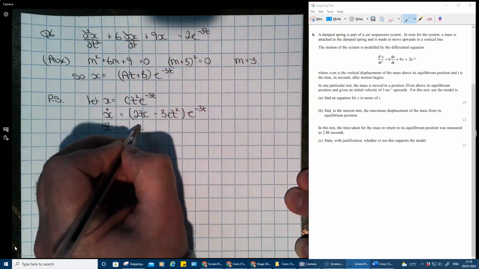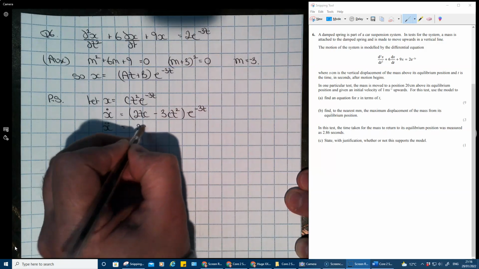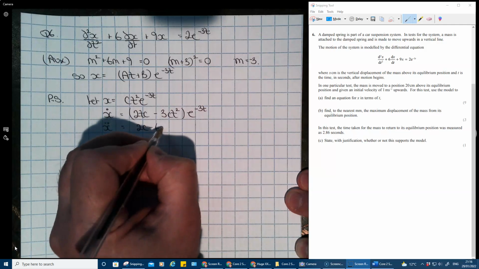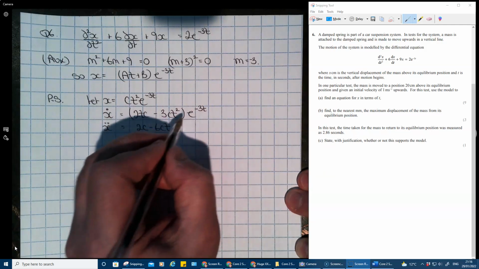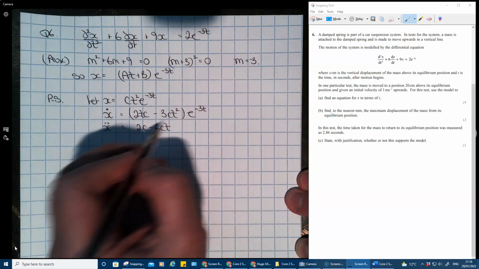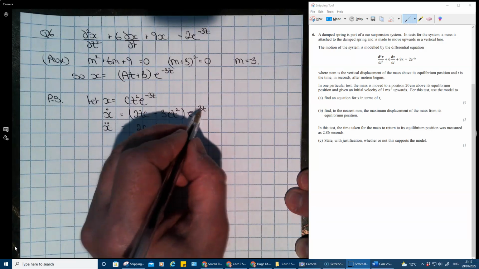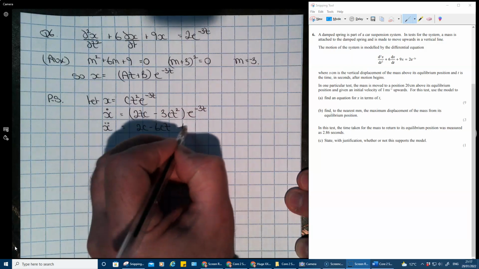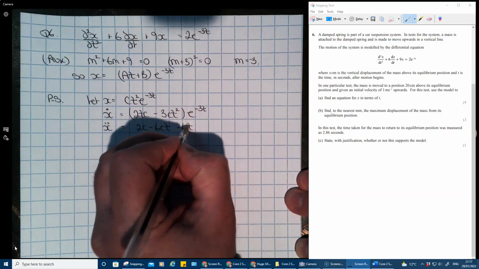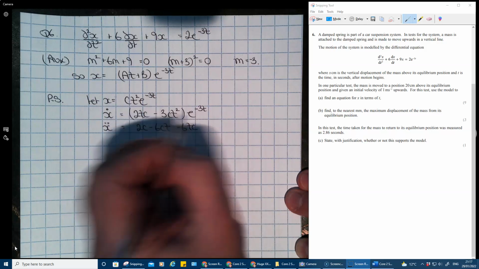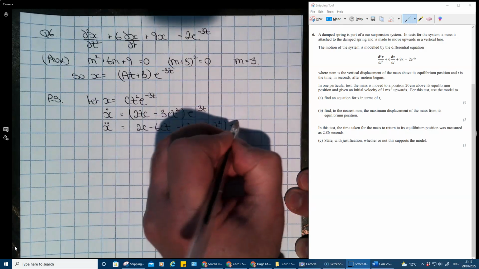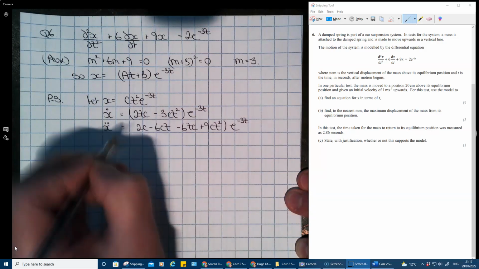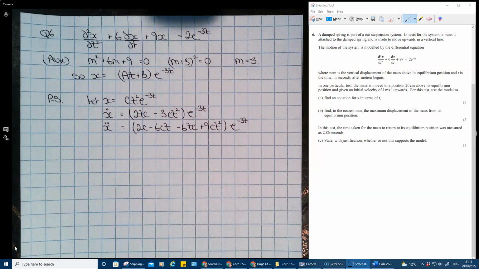So it's 2c minus 6ct, and then this will be times e to the minus 3t, and then times differential of this, which is again a minus 3, so it's minus 6tc and minus 3 plus 9ct squared, all times e to the minus 3t. Okay.